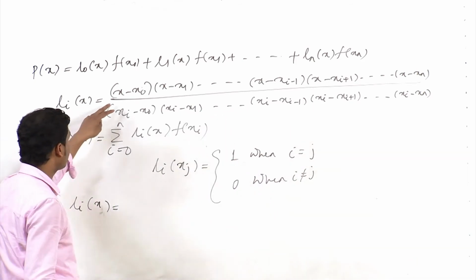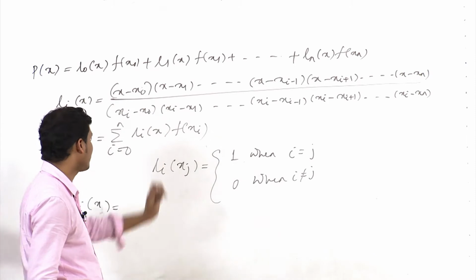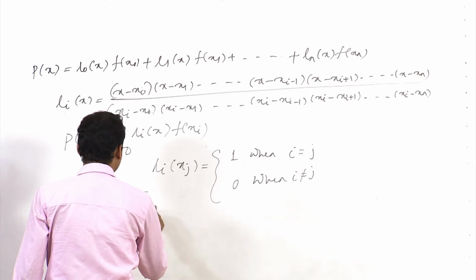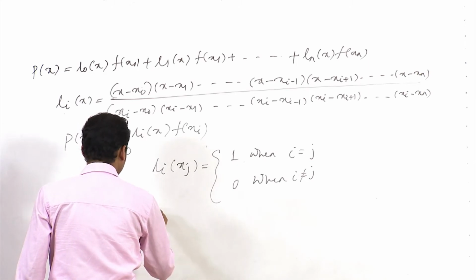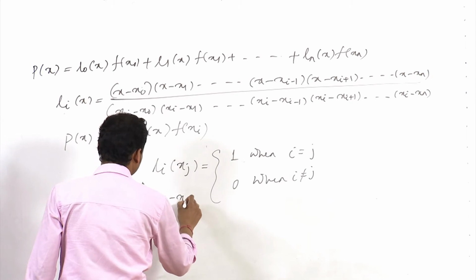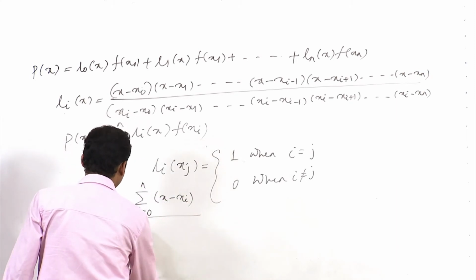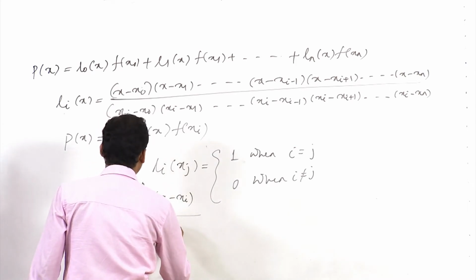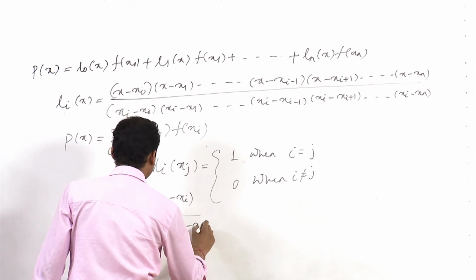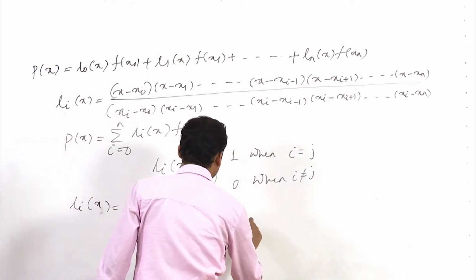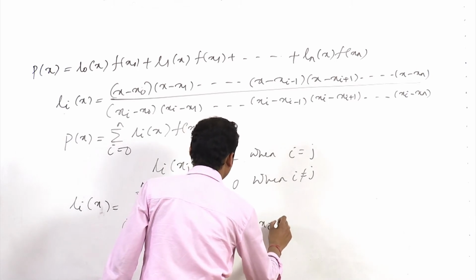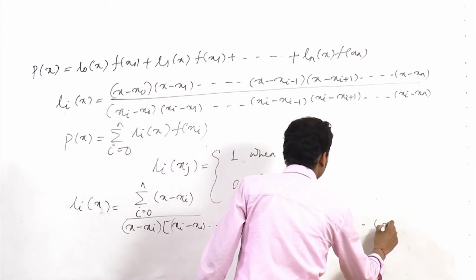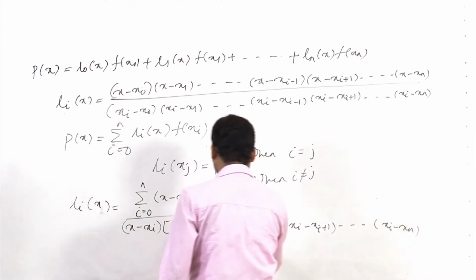If I take the product of the terms like x minus xi in the upper side here, I can write that as the product over i equals 0 to n of x minus xi divided by x minus xi here, into your products like xi minus x0, xi minus xi minus 1, xi minus xi plus 1 up to xi minus xn here.